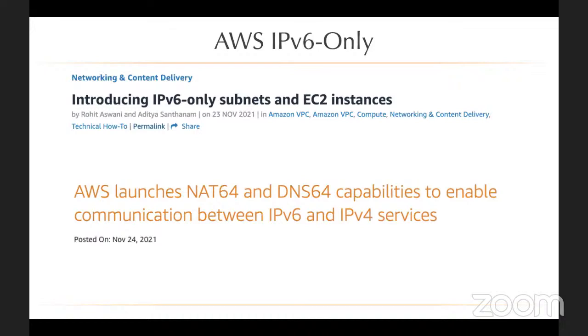And in combination with this, AWS launched NAT64 and DNS64 capabilities to enable communication between v6 and v4 services. So in this webinar, we look at NAT64 and DNS64 towards the end, and we'll also look at why we need IPv6 transition techniques.